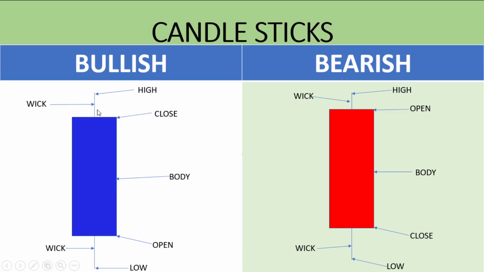Why do we have wicks in a candle? This is because when the bull candle opened, it went down. It was not a bullish candle, it went down to be a bearish candle. But at the low, this is what we call the low, the bulls gained more power against the bears.